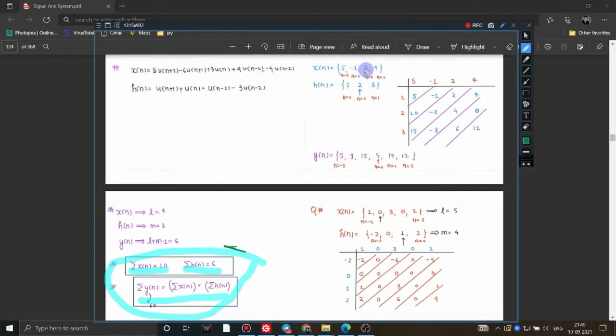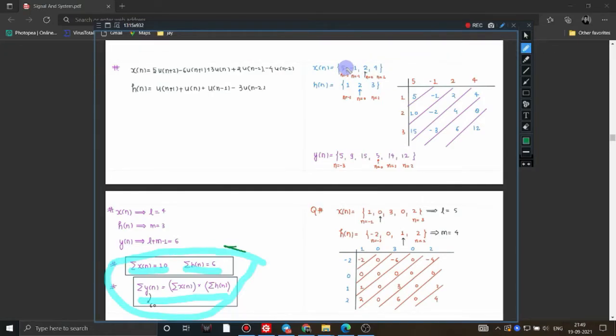So here the summation of the result: 4, 4 plus 6, 10, and so on, gives 60.